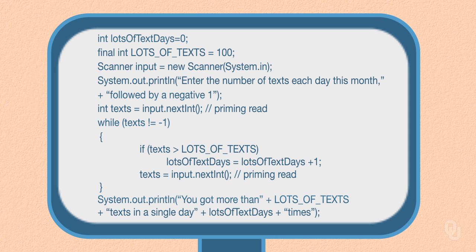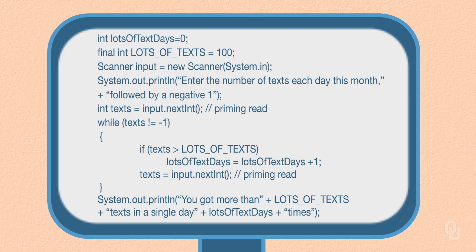While text != -1: if text > LOTS_OF_TEXT, lotsOfTextDays = lotsOfTextDays + 1. text = input.nextInt(). System.out.println("You got more than " + LOTS_OF_TEXT + " texts in a single day " + lotsOfTextDays + " times.") There are a few things to notice about this code.